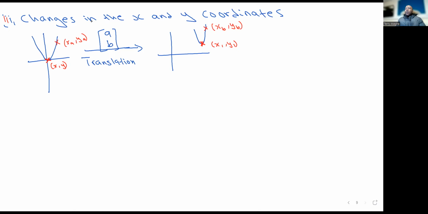You have to make sure that you have the initial coordinates and then the translation in the X direction or the Y direction. So how do you get a new coordinate? For the X coordinates, what you do is add A to the original X to get a new one.